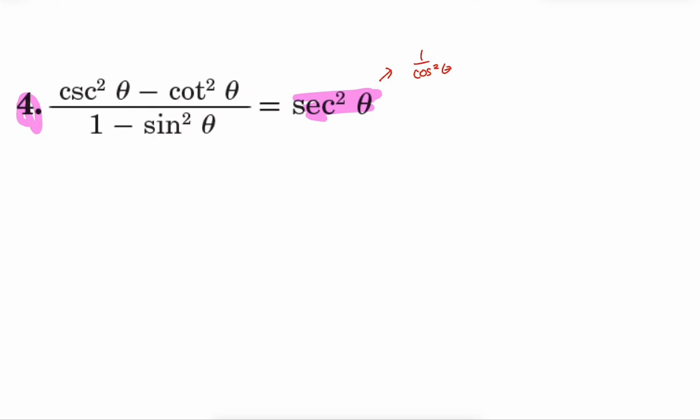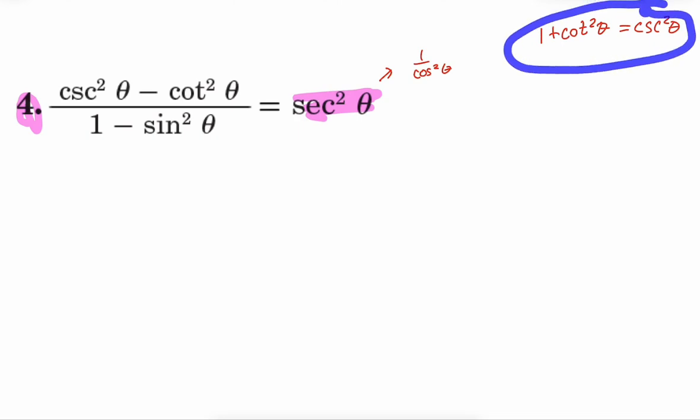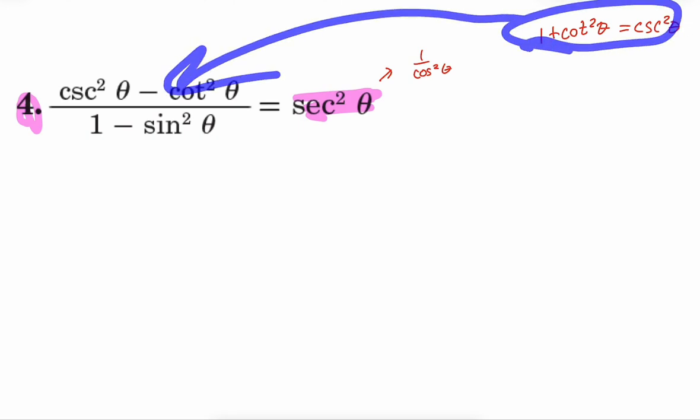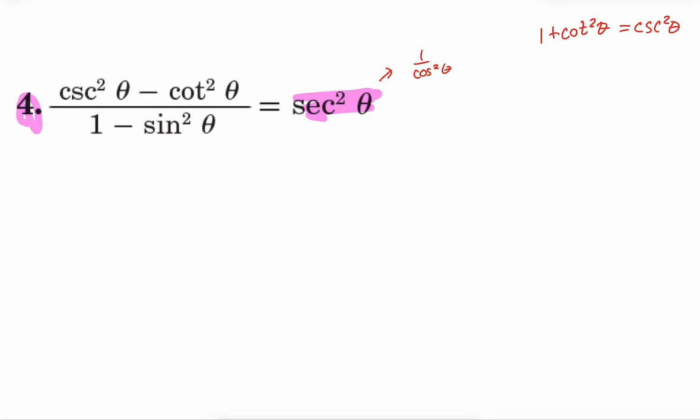If we look at the Pythagorean that has a cosecant and a cotangent in it, normally we write that as 1 plus the cotangent squared equals the cosecant squared. That's the second one that I wrote down on the memory quiz. What do we have to do to this to get it to match that? How do we have to rearrange it?